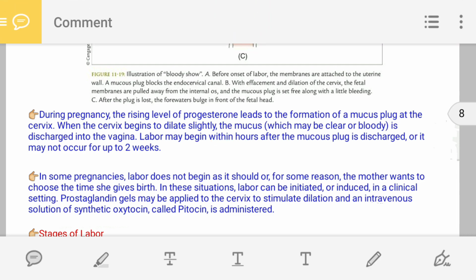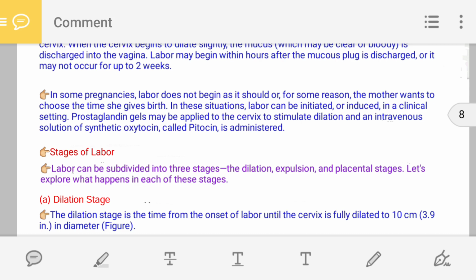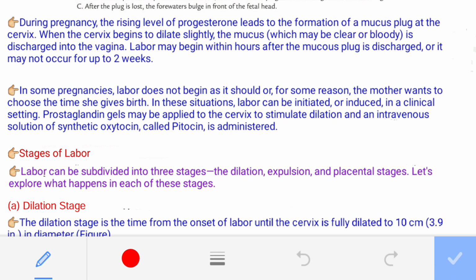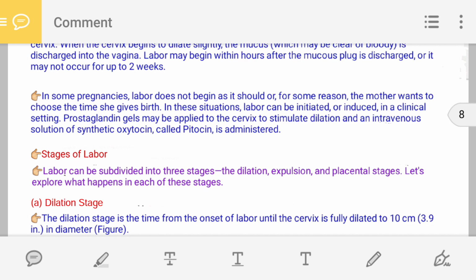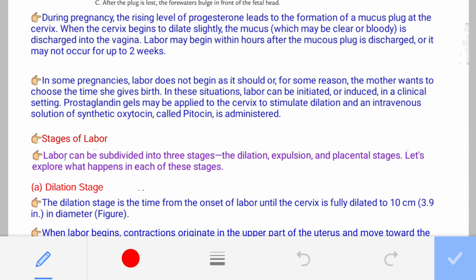Now sometimes what happens is that the baby's body is not moving that much, and the mother is not capable of this labor, meaning the uterus is not contracting as much as required.